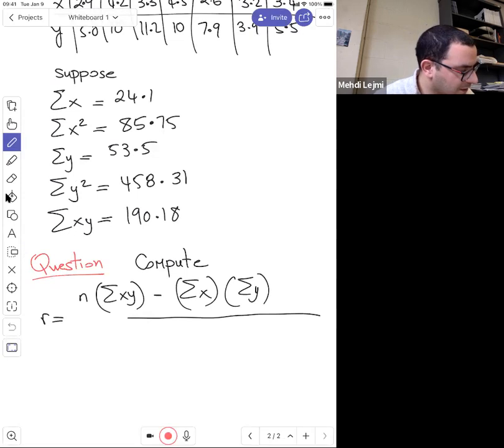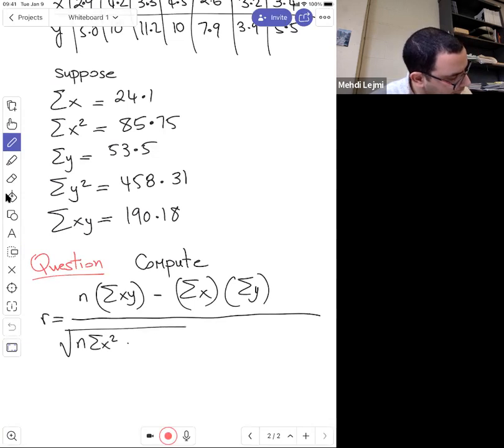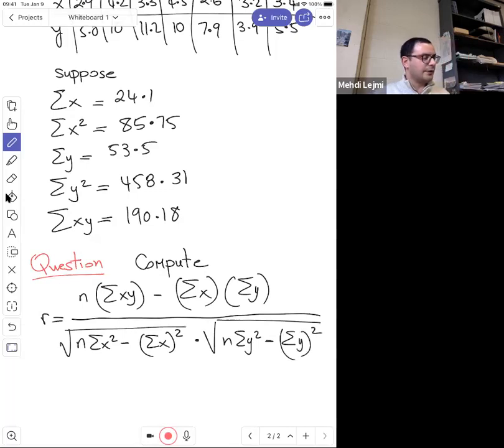Then there's a square root of n times the sum of the x squared minus the square of the sum of the x's, times, this is multiplication here, and same thing with the y: n times the sum of the y squared minus the square of the sum of the y's. All right.